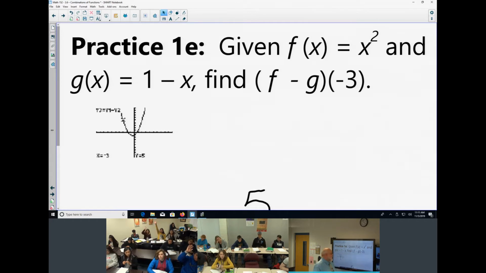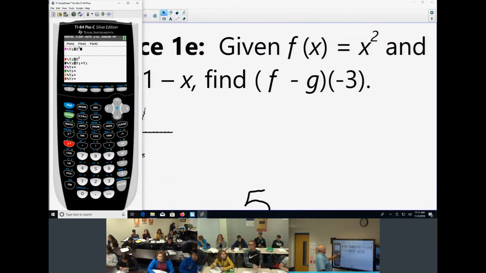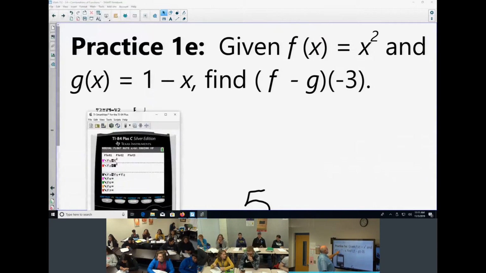Calculator? Okay. All right, so you type in for your y1, you're typing in the first function. Okay, so x squared. For the y2, you're typing in the second function, 1 minus x.